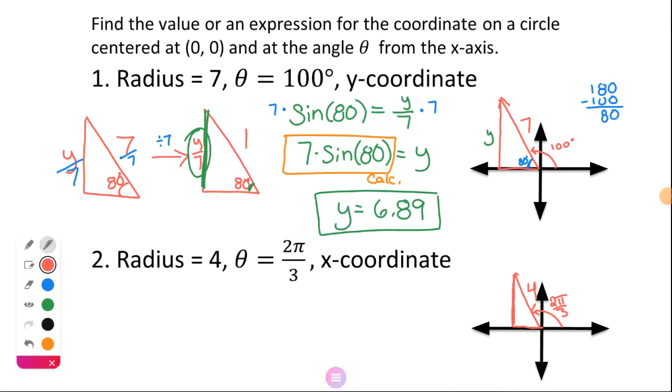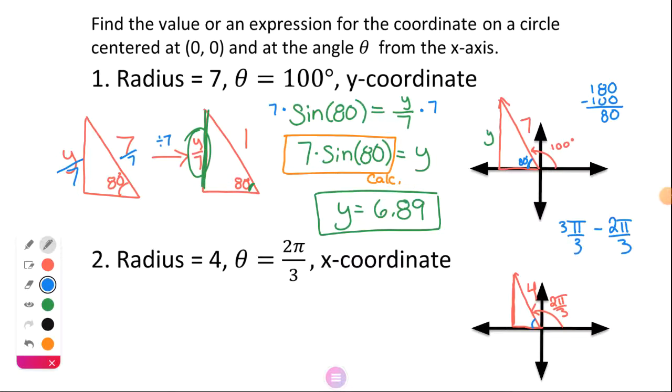So we need to find the reference angle. What's missing to get to pi? There are multiple ways to get there, but I'm going to do it mathematically. We have pi, which is our goal, and we're going to subtract 2 pi thirds. We need common denominators, so I'm going to multiply top and bottom by 3.